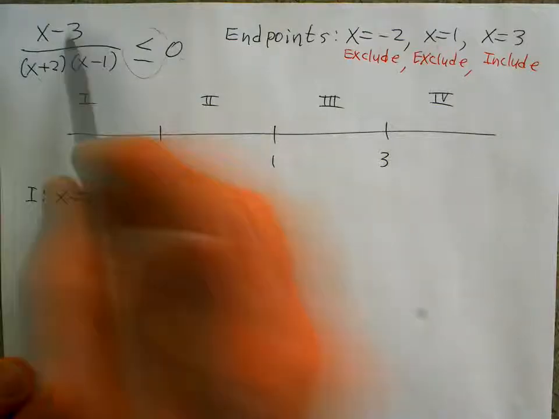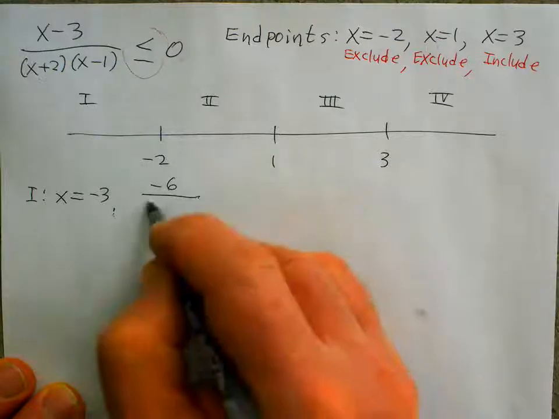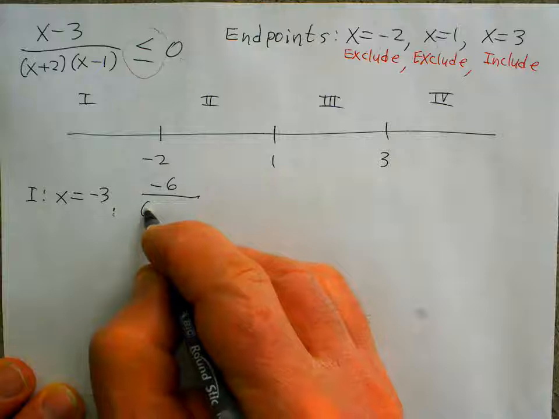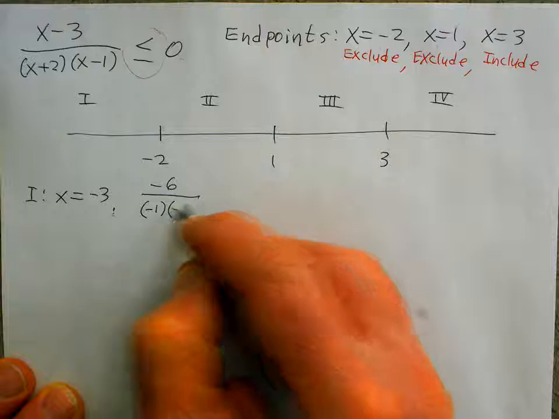In the numerator, -3 minus 3 is -6. In the denominator, -3 plus 2 is -1, and -3 minus 1 is -4.